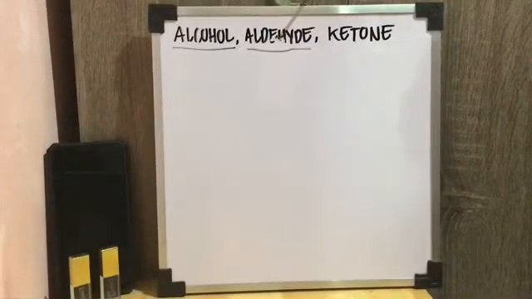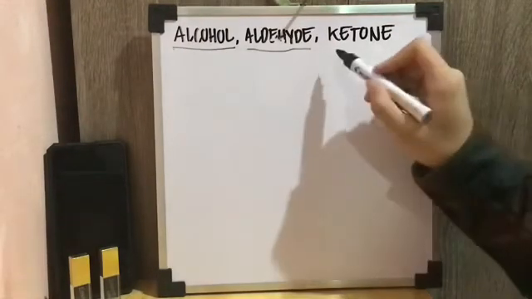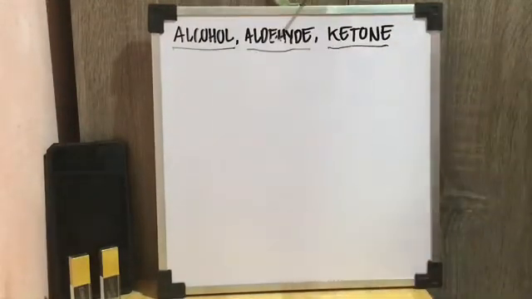And with that, we move on to the last one, which is ketones. Now, ketones is basically the same as aldehyde, but it's not on the first carbon. The double bonded oxygen can be in any carbon in the middle of the chain.